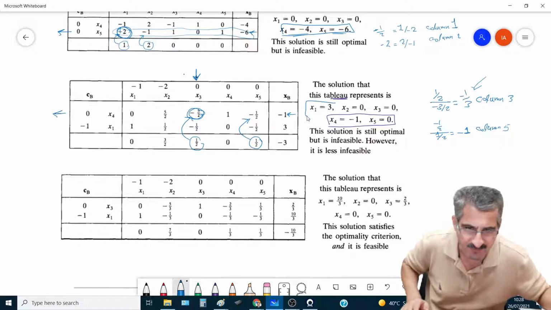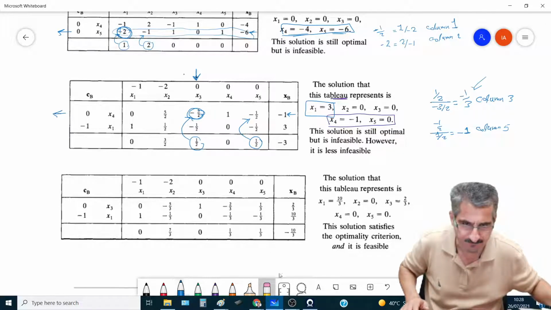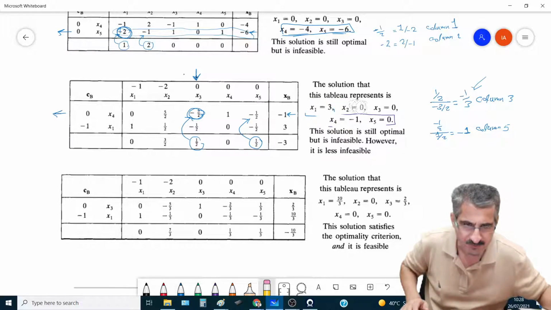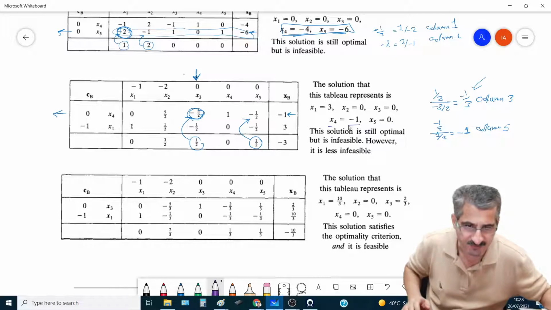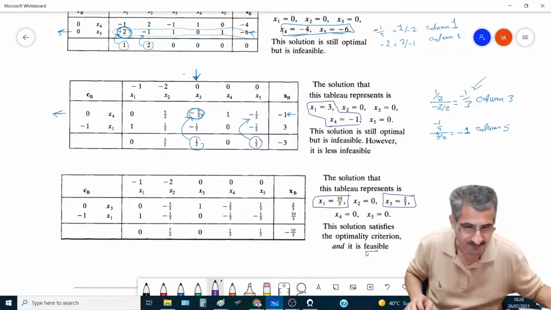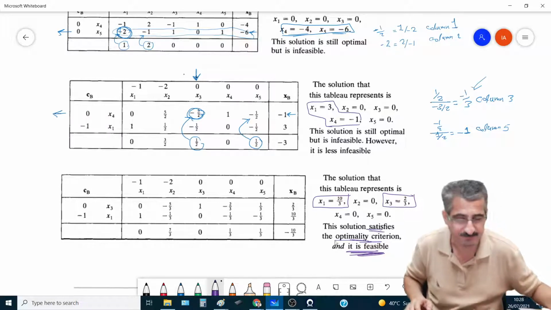Sorry, we have here 3 and -1. So at the beginning, two of the basic variables were negative. Then one of the basic variables is negative, the other is positive. And then here, two of the basic variables are positive, and then we have reached a feasible solution, and it satisfies optimality.